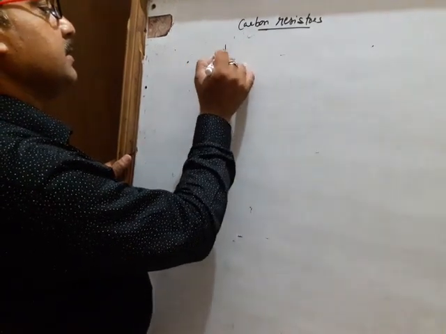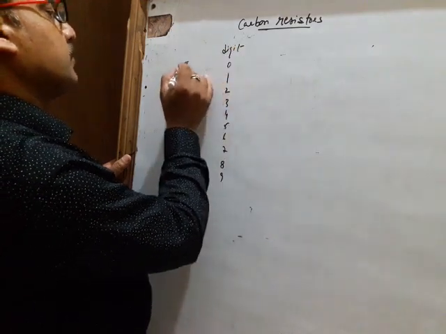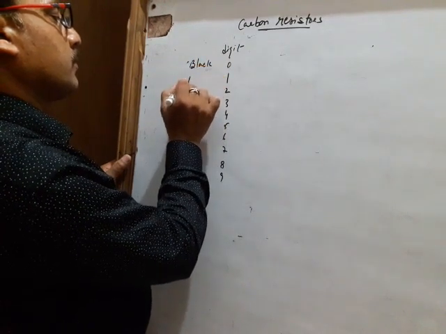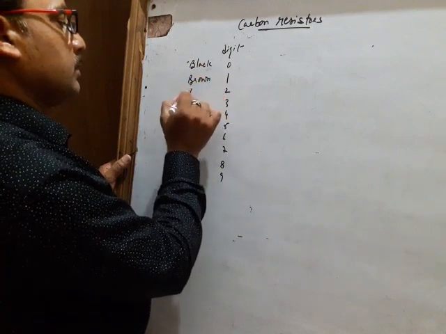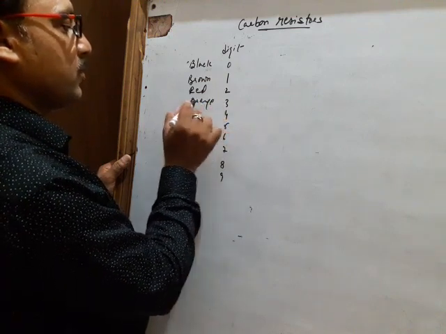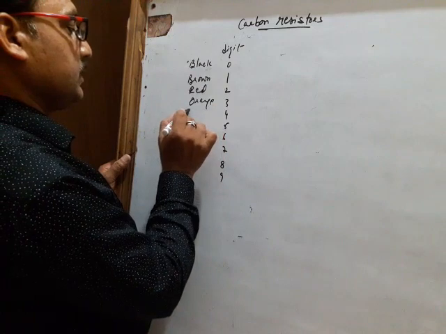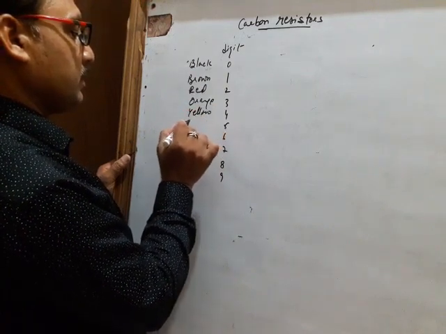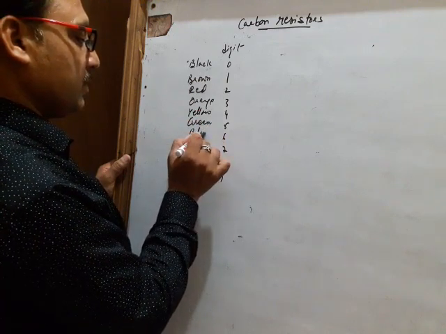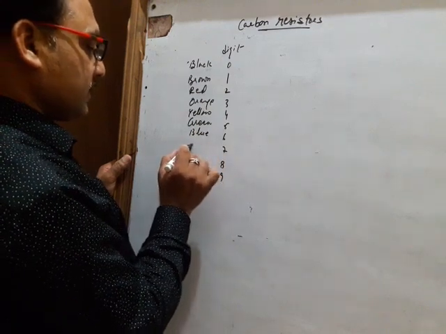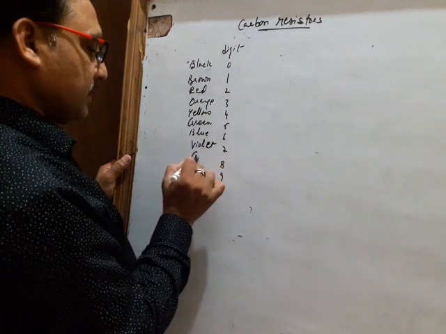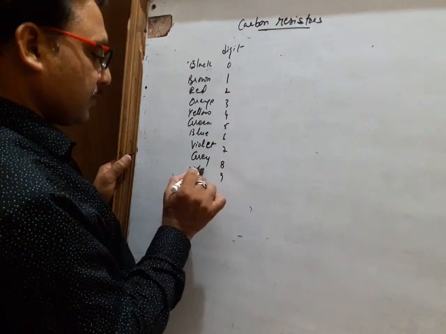Now 0 stands for black, 1 for brown, 2 for red, 3 for orange, 4 for yellow, 5 for green, 6 for blue, 7 for violet, 8 for grey, and 9 for white.